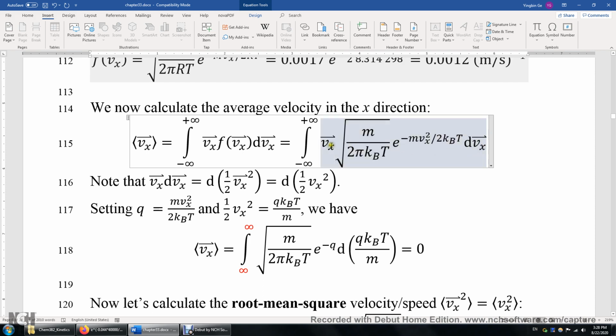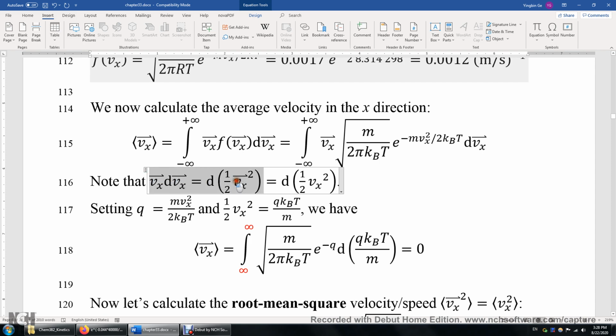All right, so this is probability weighted Vx, and then we integrate from negative infinity to positive infinity. Now we have to look at this Vx and this dVx. We can put them together because this is equal to the differential of half Vx squared. That's very simple.